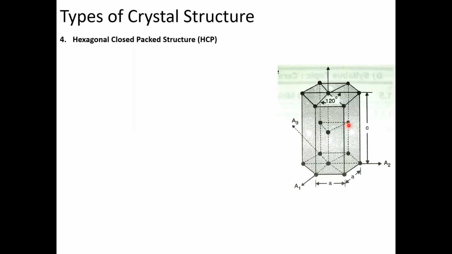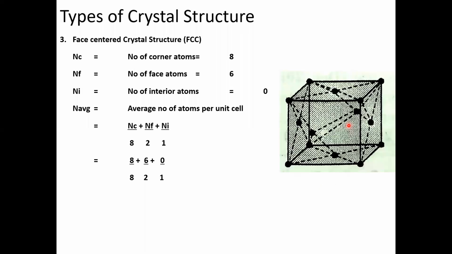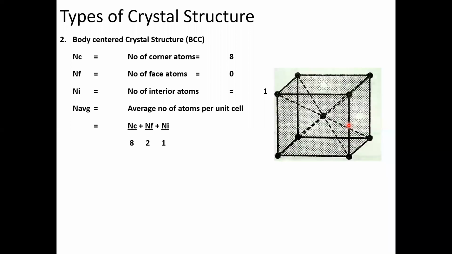So here a is equal to b, not equal to c. So c is different. Total there are 12 corner atoms, 2 center atoms, and 3 interior atoms in the hexagonal crystal system.